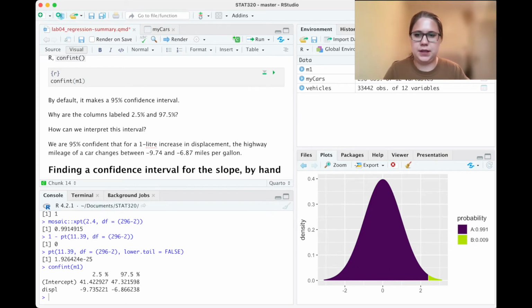So basically, as the car gets heavier, we expect the highway mileage to go down between 7 miles per gallon and 10 miles per gallon. So that's that negative relationship.